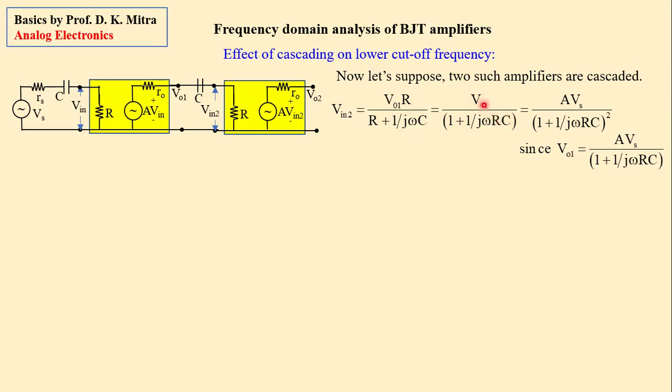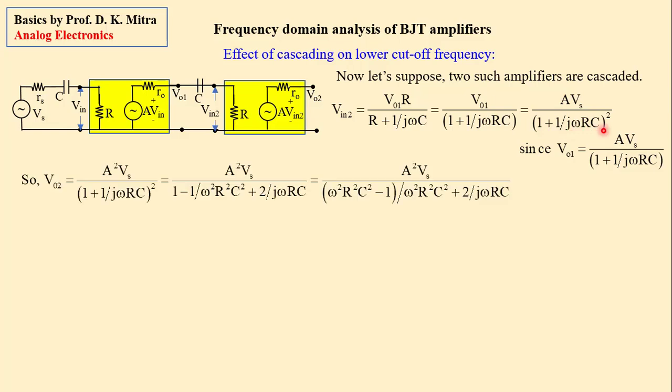Now this VO1 itself, as you have seen on our last page, is AVS divided by 1 plus 1 upon j omega RC, where VS is the source voltage. If we replace VO1 by this, it becomes AVS divided by 1 plus 1 upon j omega RC whole square.